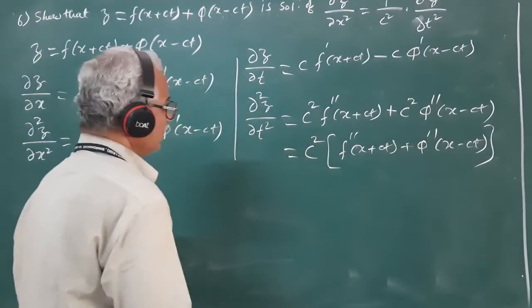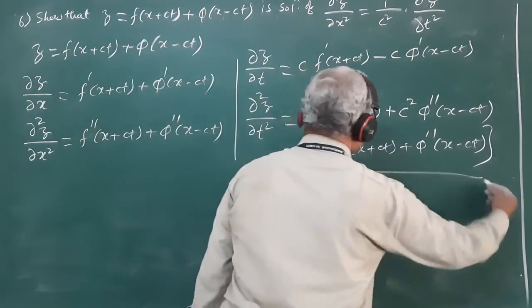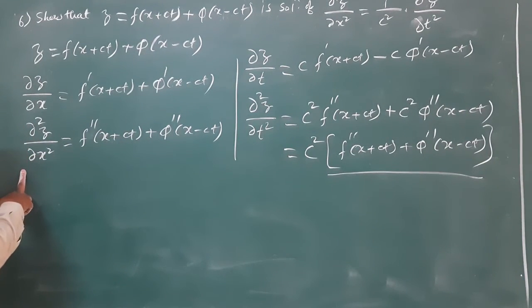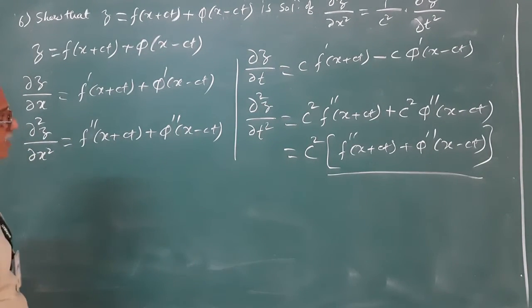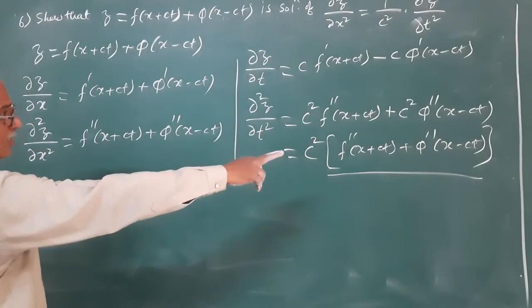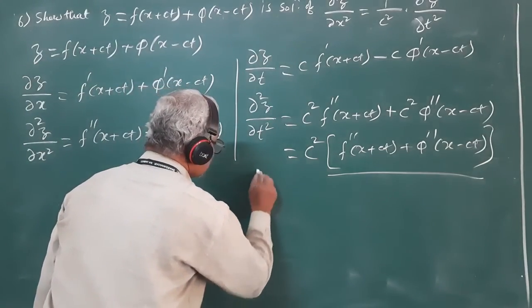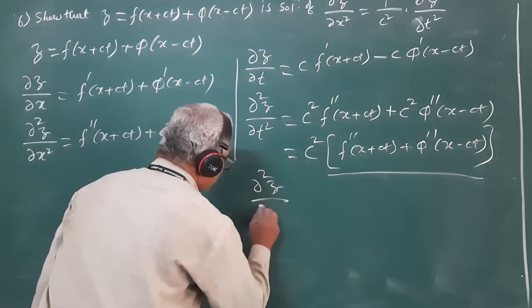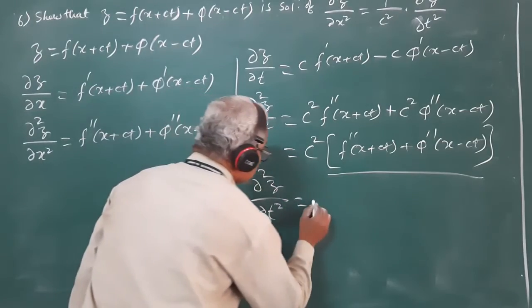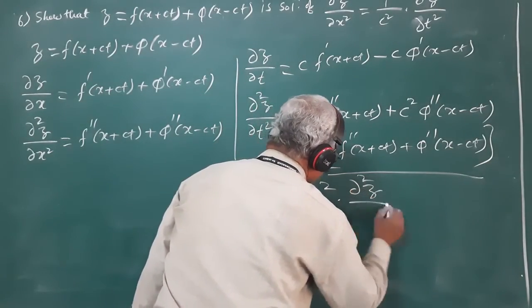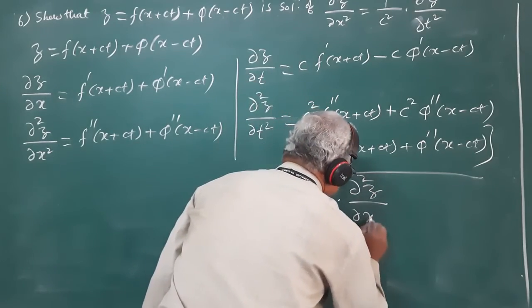So what is this bracket? This bracket is nothing but dou 2z by dou x2. So using the value of this dou 2z by dou x2 here, we can express dou 2z by dou t2 is equal to c square into dou 2z by dou x2.